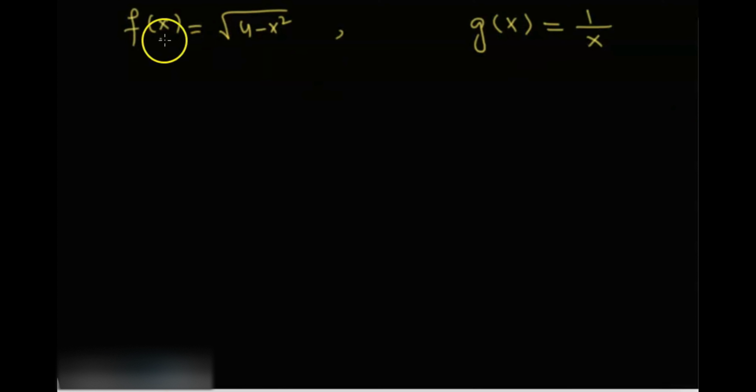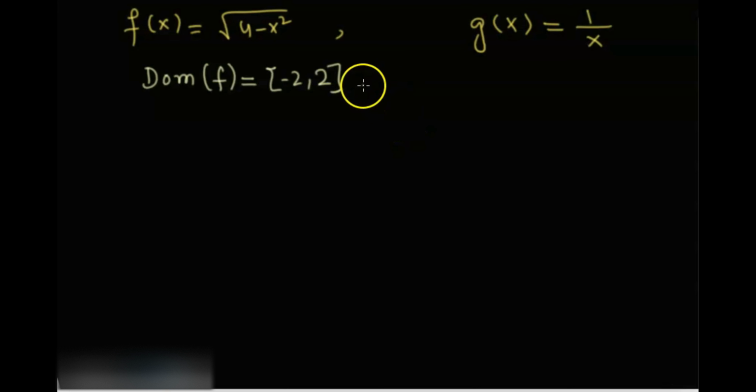If I talk about the domain of f, you need to know that this domain is going to be between minus 2 and 2. It can't be greater than 2, and it can't be less than minus 2. And the domain of g is all real numbers minus 0.